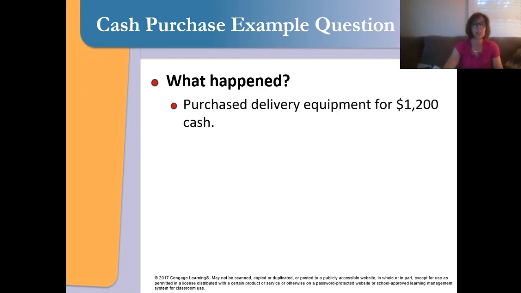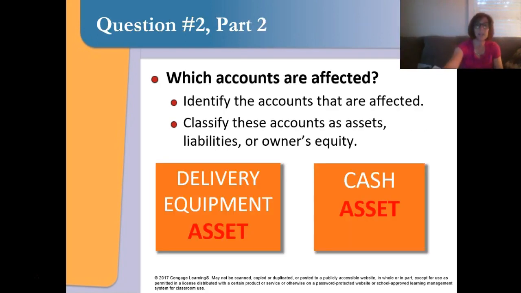Our company purchased delivery equipment for $1,200 in cash. So we ask ourselves, what accounts are affected by this transaction? Well, we got some equipment, and so our equipment is an asset, but we had to spend some cash to get that equipment.